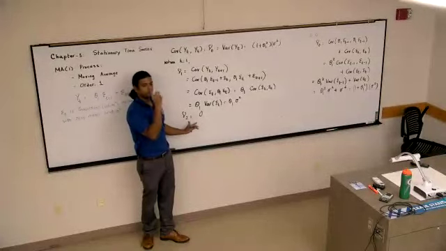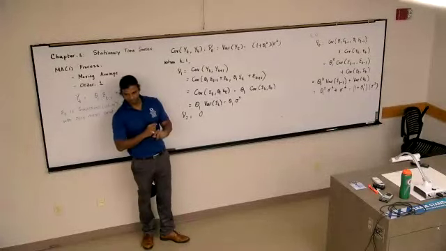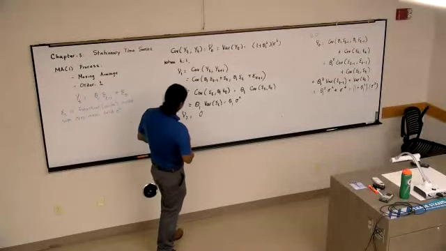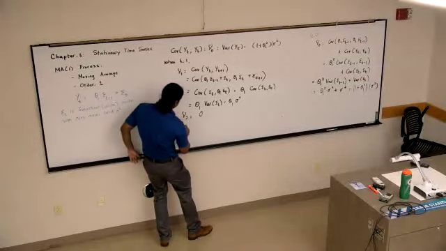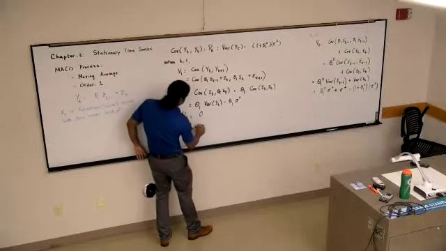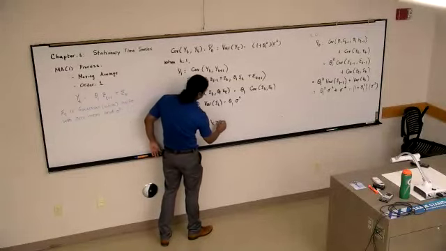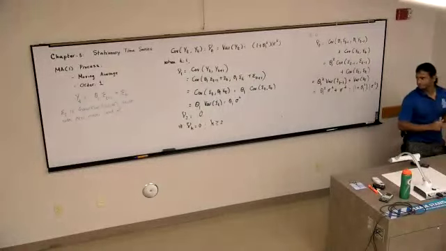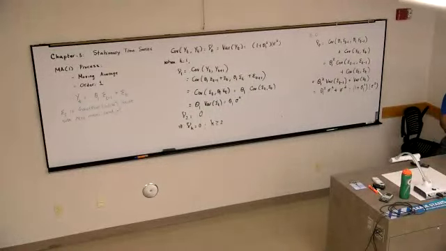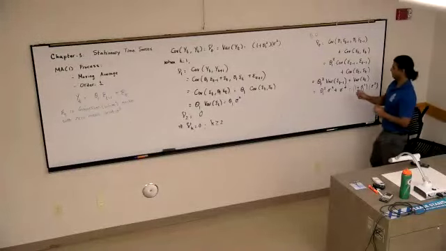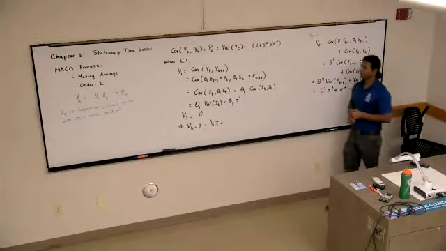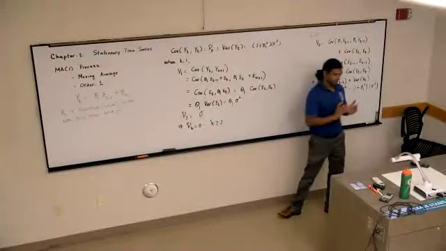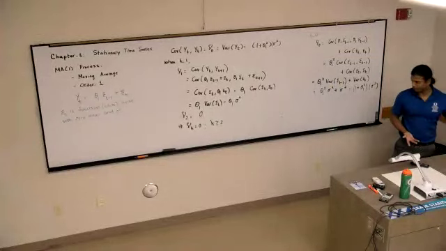That is correct. For order 2, this would not be 0. So I can generalize it and say 0 for h greater than or equal to 2. Good. So we found gamma naught, we found gamma 1. Beyond that, things would just be 0.